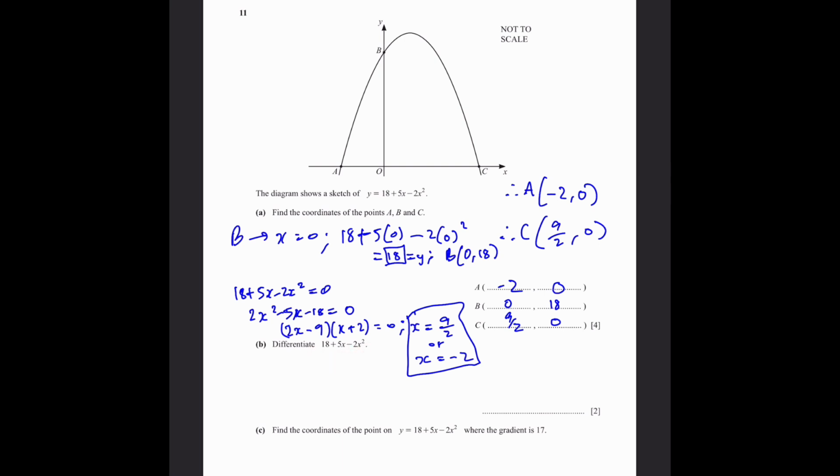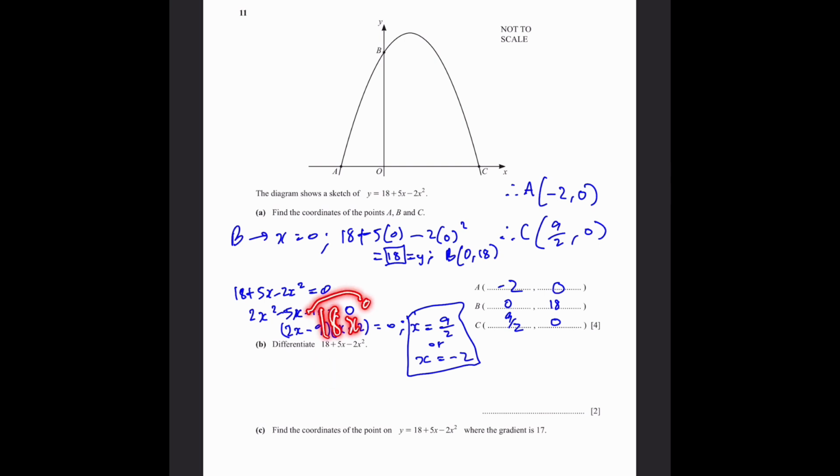B. Differentiate this expression. So differentiating it, we just differentiate this, and then differentiate this, and just add them all up. So differentiating 18, dy by dx of 18 is just 0. Since 18 is just a constant, it does not have any x value in it, or in other words, it's 18x to the power of 0.